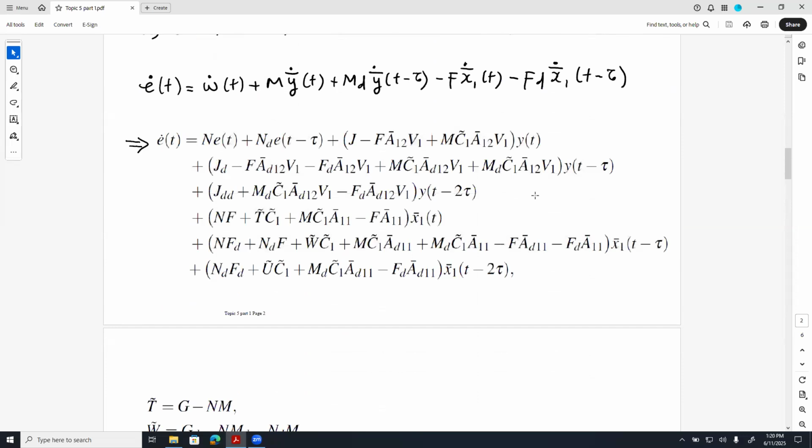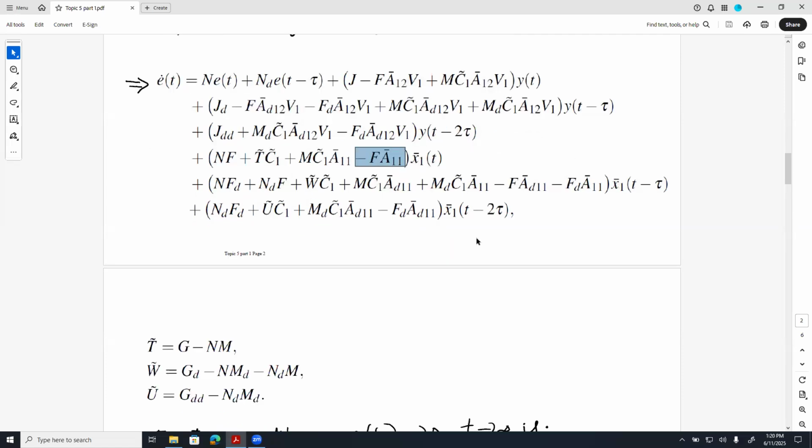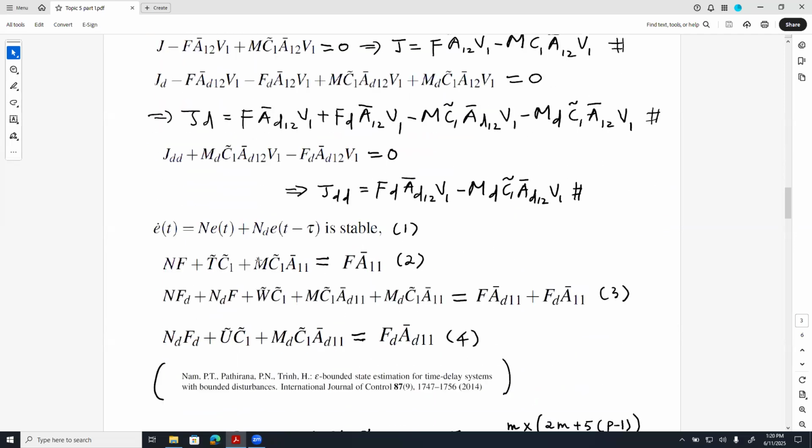So let's go back to here and have a look at this. If that whole expression is equal to zero, then we can move minus f I bar 1 onto the right hand side, and that's exactly where we get this matrix equation.